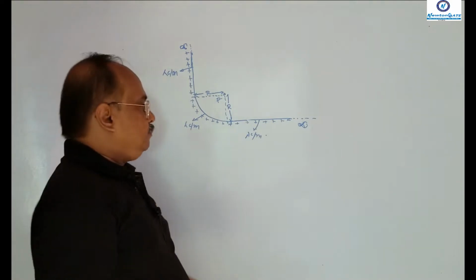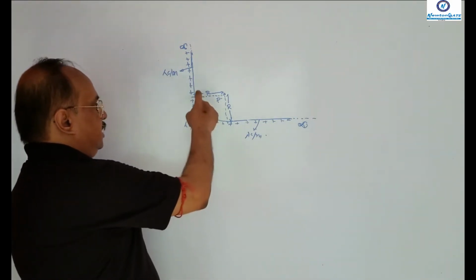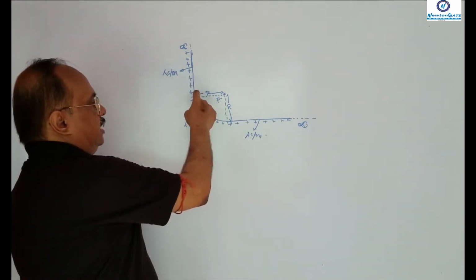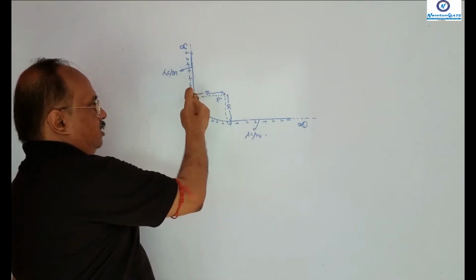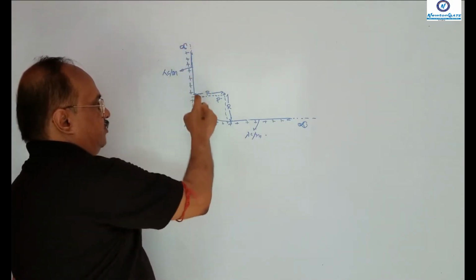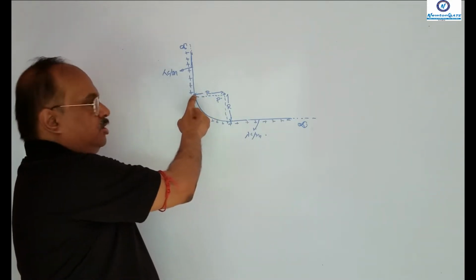Here is our next sum. Here you see there is an infinite linear charge density over this side. Basically from here to here it is semi-infinite, because it is the end of the infinite linear charge density.